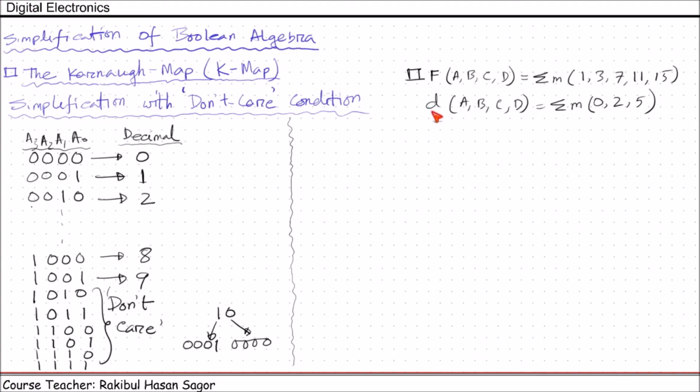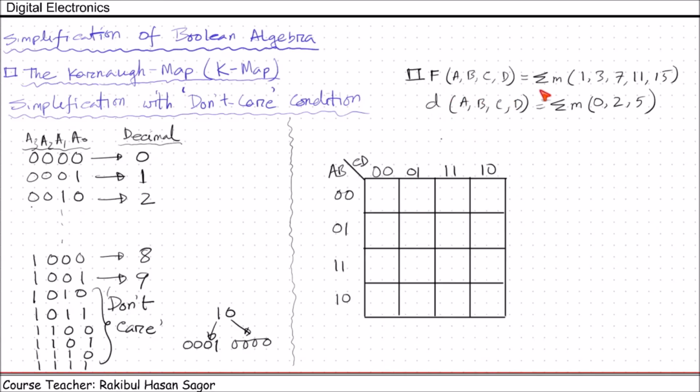Now, how to simplify this function considering don't care condition and without considering don't care condition, we'll see this. Let us map the ones for this function. We have 1 in first position, that means 0, 1, 2, 3, then 4, 5, 6, 7, 8, 9, 10, 11, 12, 13, 14, 15.